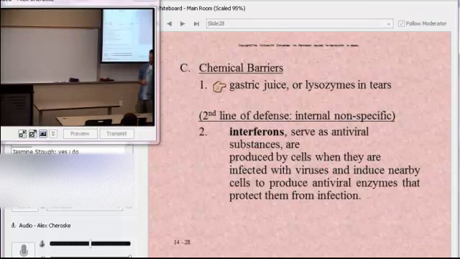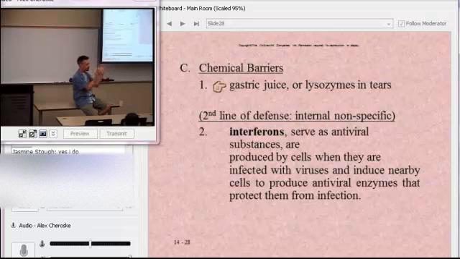So one of the things we want to try to remember as we're going through the immune system is, I know it's hard because we're talking about cells, microbes, and so on, here's your lungs, here's your heart. But if we can at least keep an idea of these three lines of defense and have a couple of examples of each, it helps people organize in their heads how this system works. Okay?